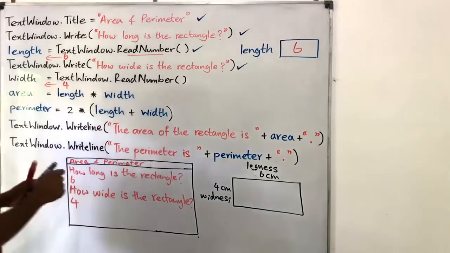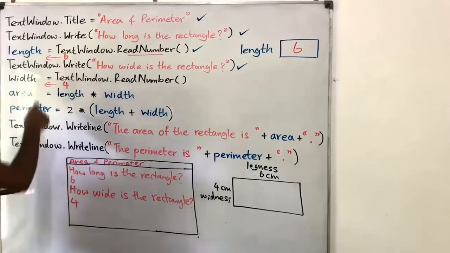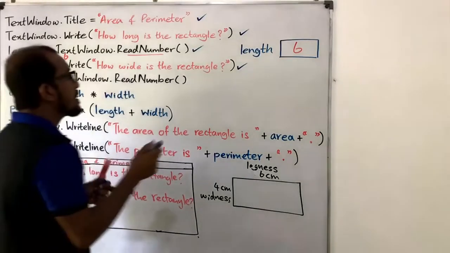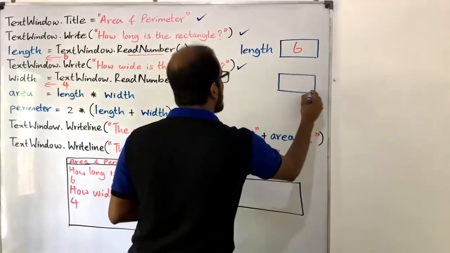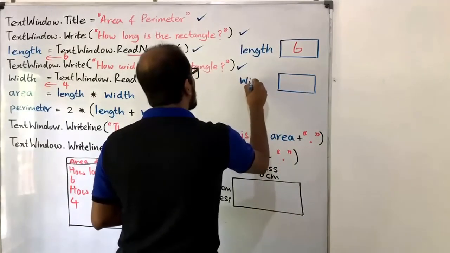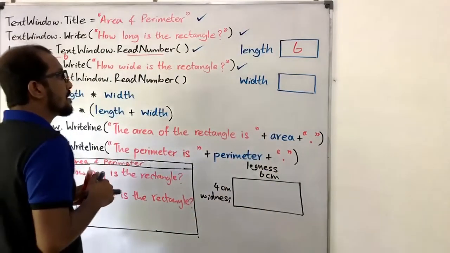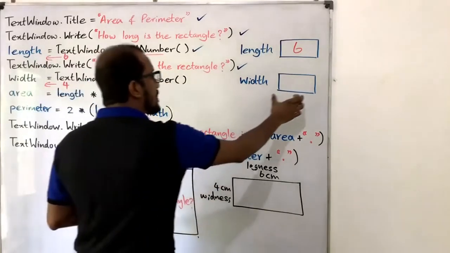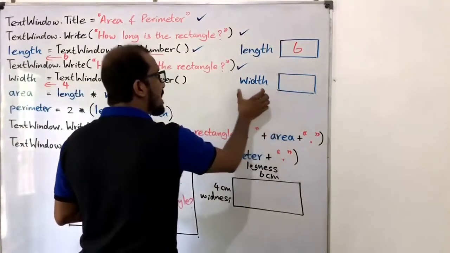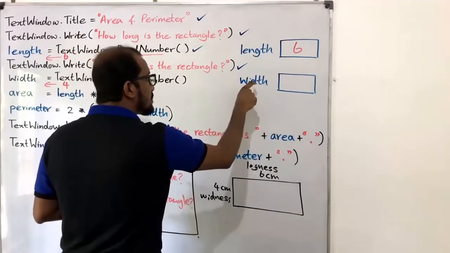So here, when this statement executes, a memory space called width is created. A memory space is created and its name is width. So we can access this memory space using this width.